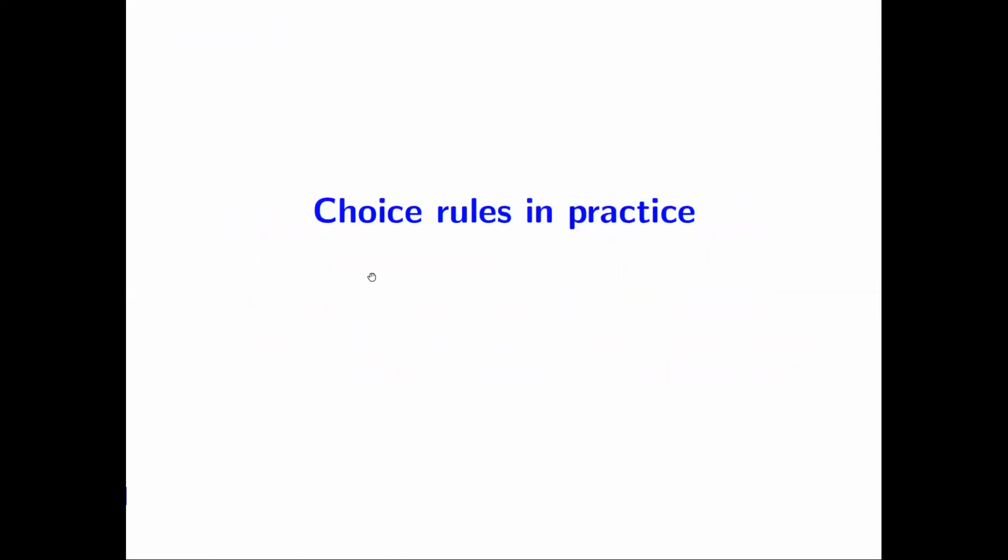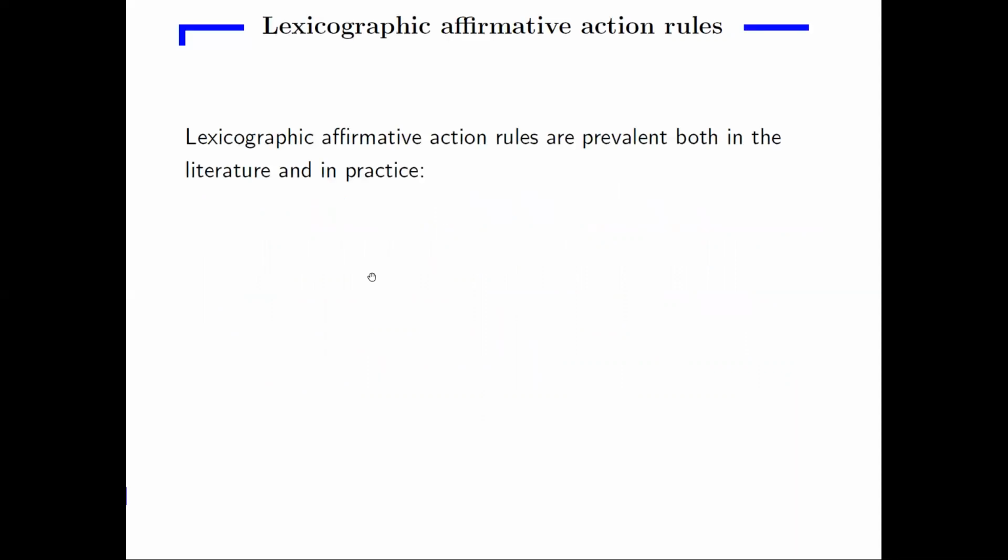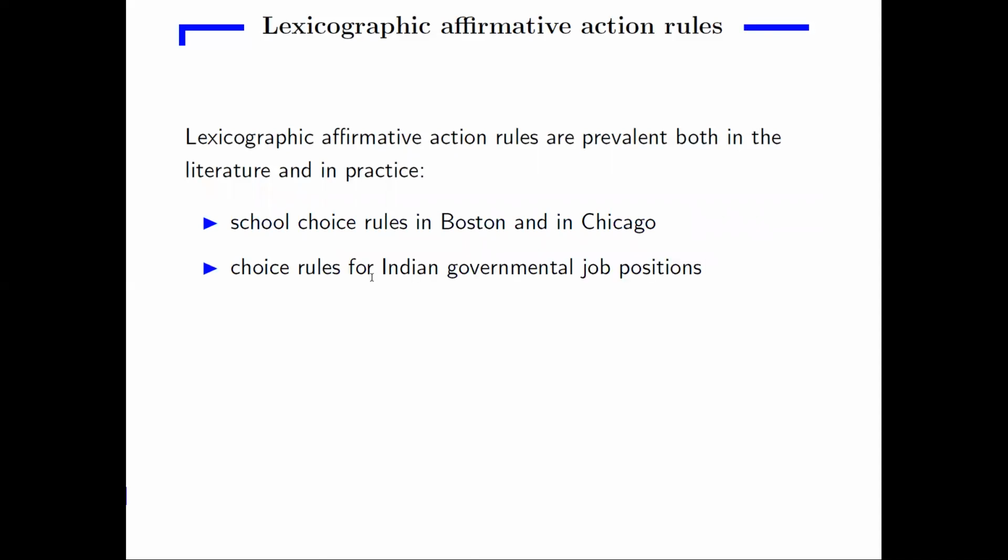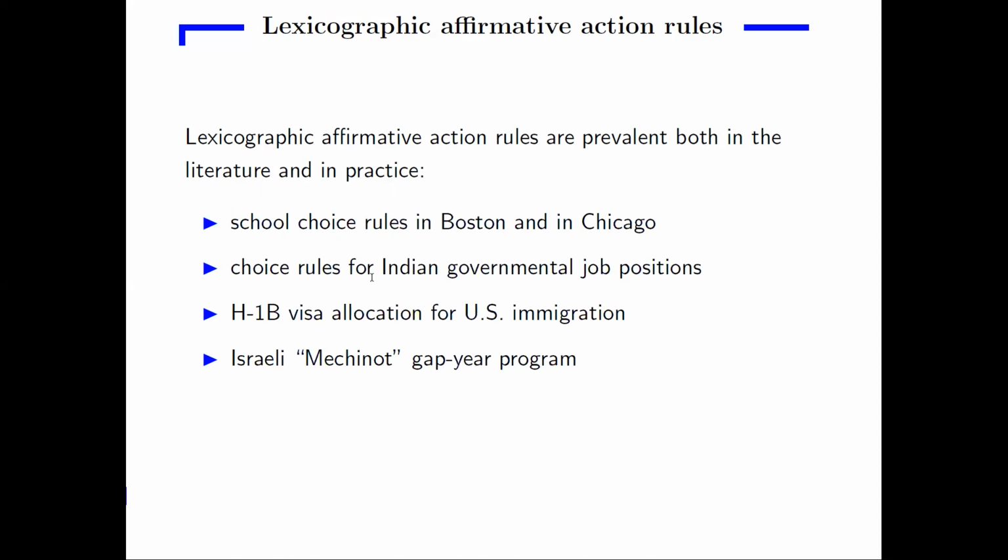Now, I'm moving to the second part of the talk, in which I will introduce choice rules that are used in practice. They are typically what is called lexicographic rules. In terms of applications, if we go to school choice applications in Boston and Chicago, we see them. If we go to choice rules for Indian governmental job positions, we see them. In visa applications in the US, we see them.